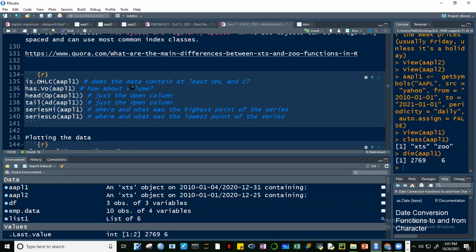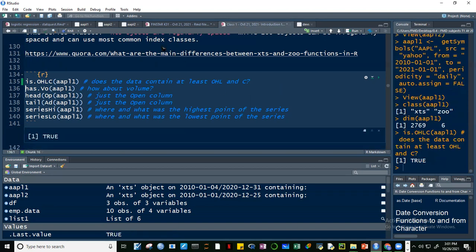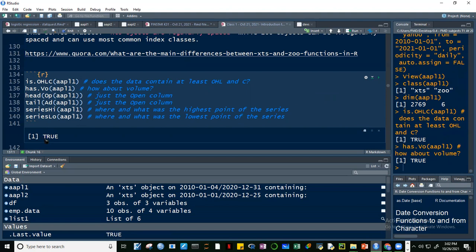If we run this, what we get is true, because indeed the APL1 object has OHLC: opening, highest, lowest, and close. Also, this question has that VO. Does it have the volume? Yes.